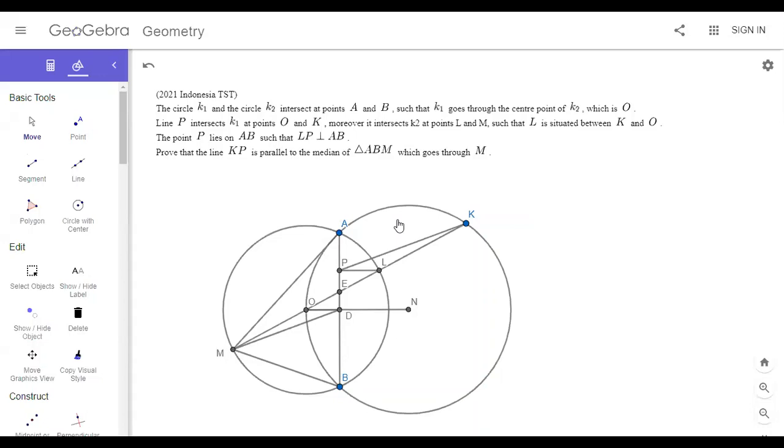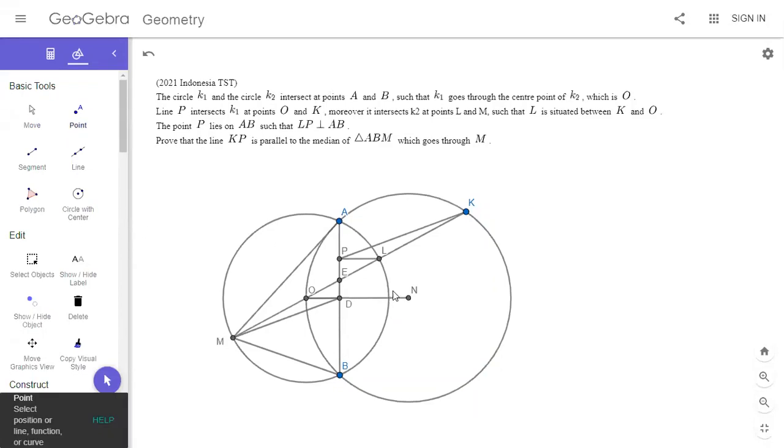Hey, Rodrigo. Thanks for joining. I'm sorry, I'm just reading through all your suggestions. So Anmal mentioned the in-center, X-center lemma. So maybe L is the in-center, M is the X-center. For triangle AKB, you're saying?